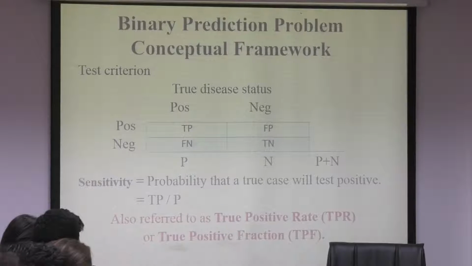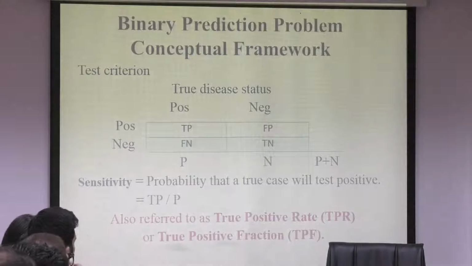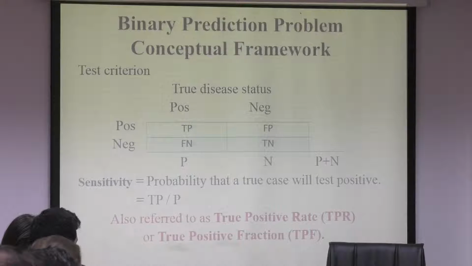So among those who have the disease, the TP are those who test positive. So it's TP over total positive people, right? So the probability that a true case will test positive is also referred to as true positive rate or true positive fraction, but mainly we call it sensitivity.